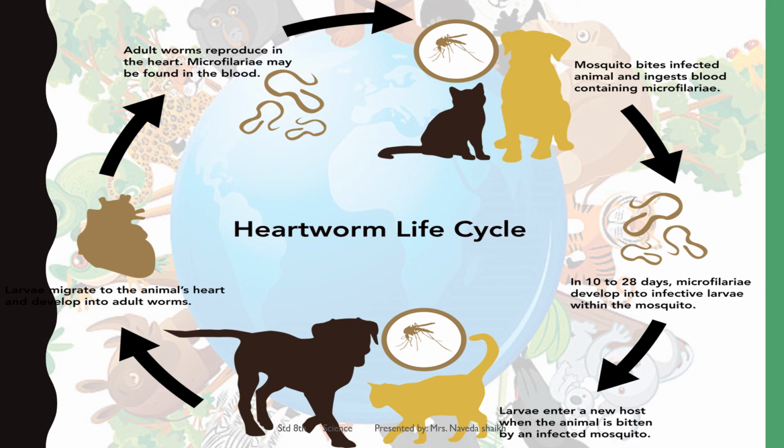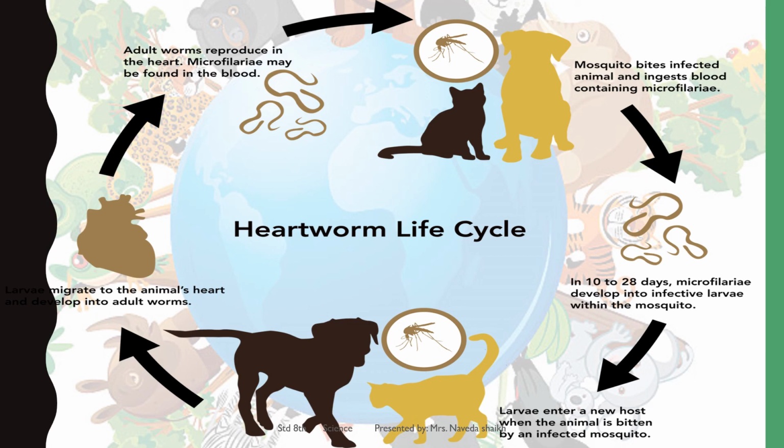Suppose there is an infected animal, and a mosquito bites the infected animal and ingests the blood containing whatever microorganism was supposed to cause this disease. Then this mosquito carries it for about 10 to 28 days.